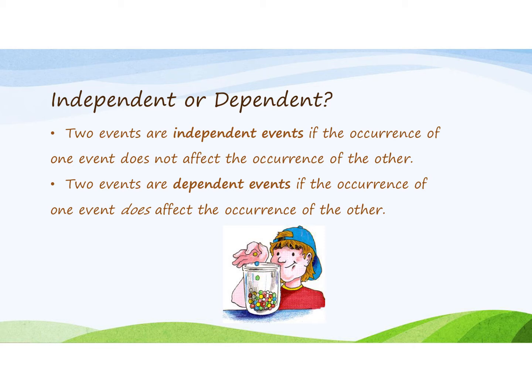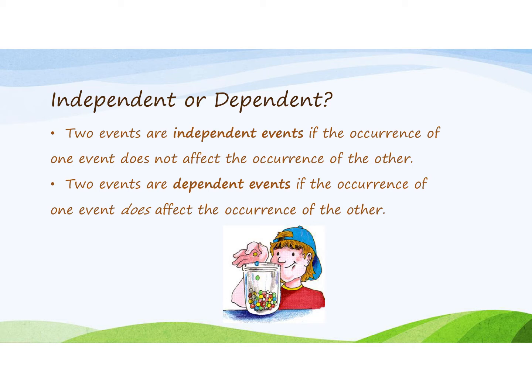Or let's say you're flipping a coin and rolling a dice. What happens when you flip the coin has nothing to do with rolling the dice. They're two independent events.